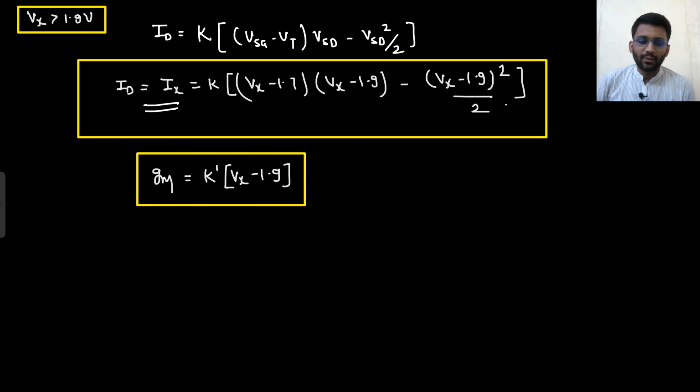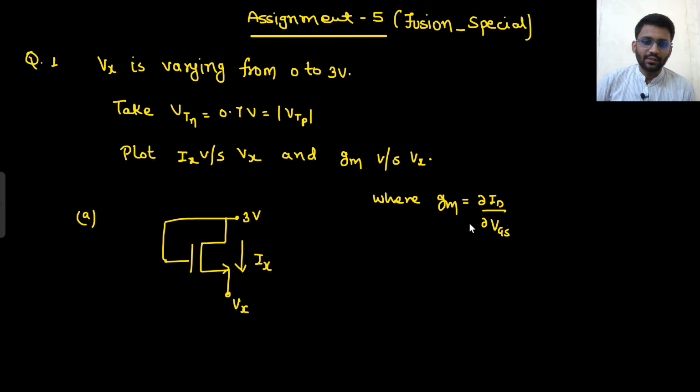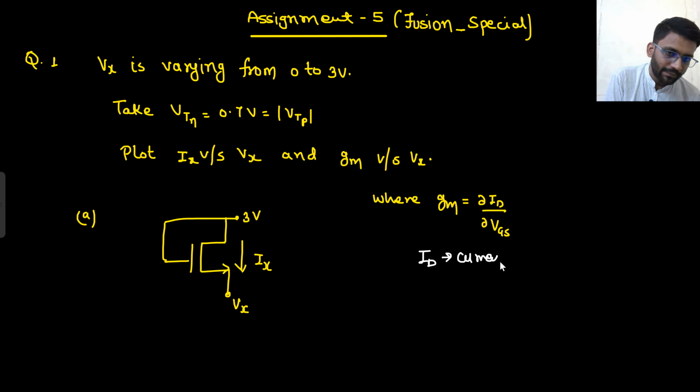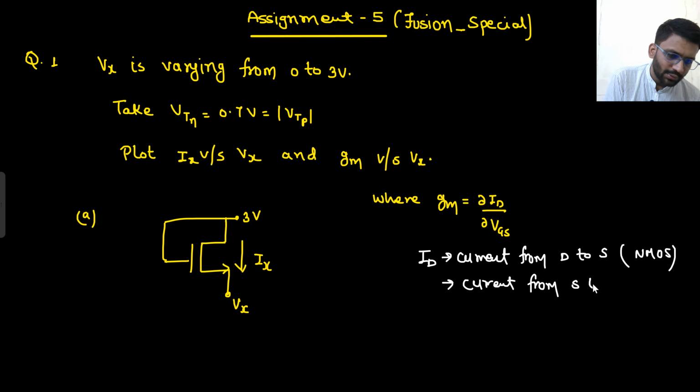Some people may have a doubt. In the initial question I wrote GM is del ID upon del VGS. So what is ID here? Is ID equal to IX, or is ID the current that we are taking? In the question it needs to be defined what ID is. So for ID I will write: current from drain to source in case of NMOS, and current from source to drain in case of PMOS.